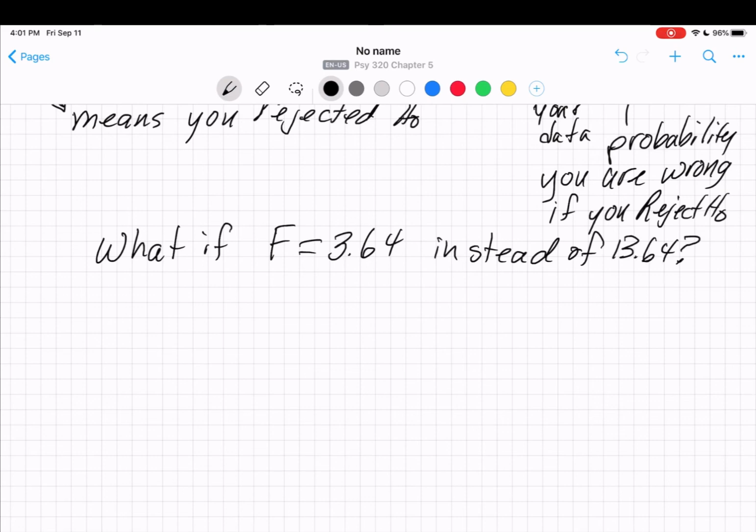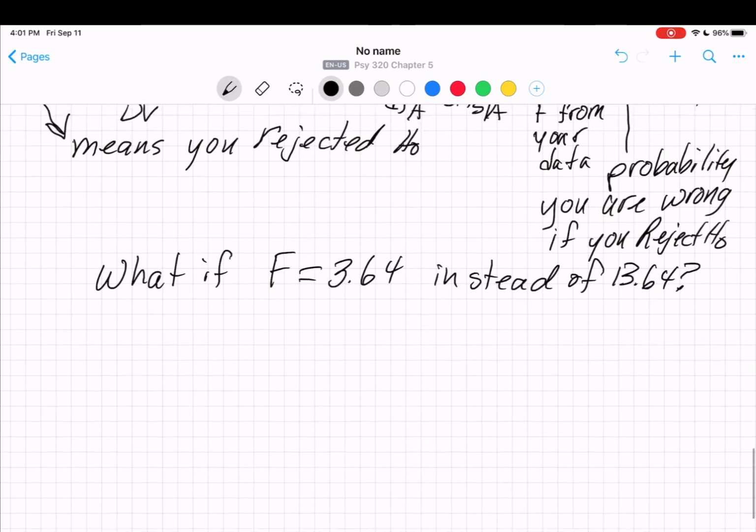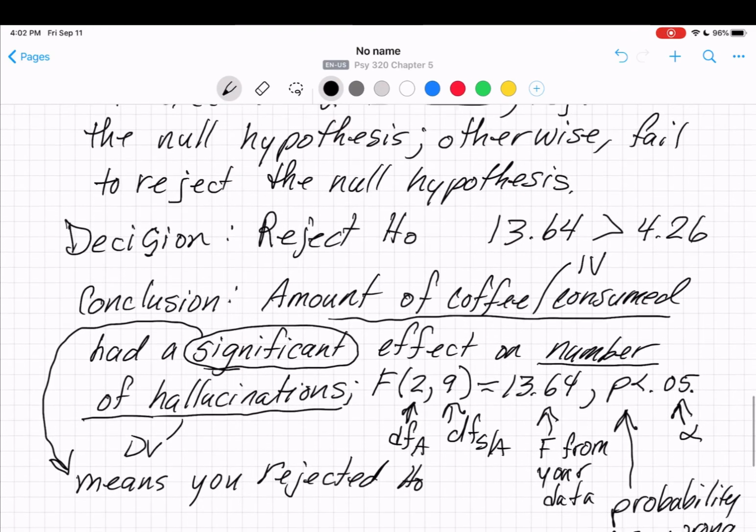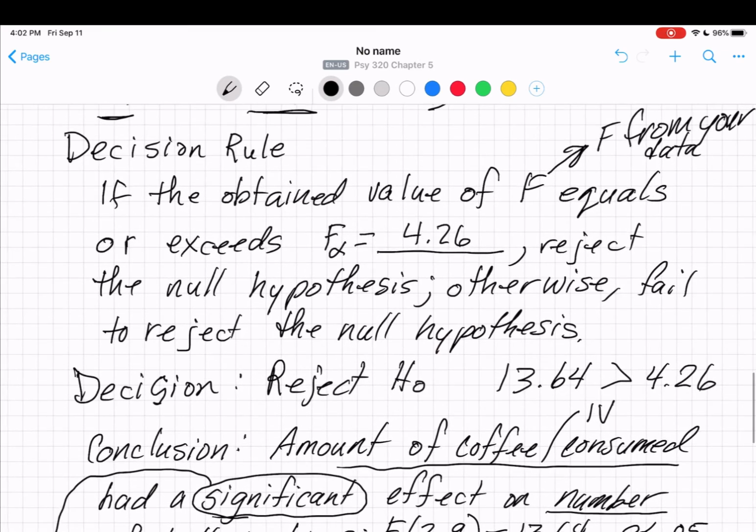Well, we look at our decision rule. If the obtained value of F equals or exceeds F alpha of 4.26, we reject the null hypothesis.